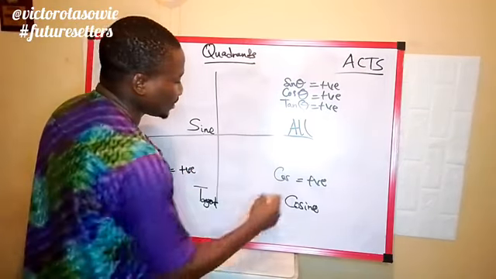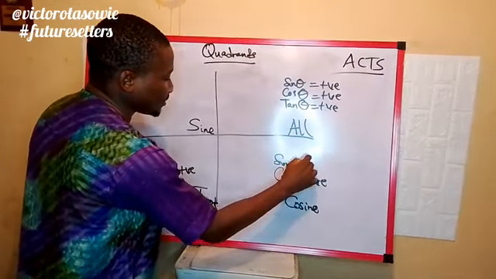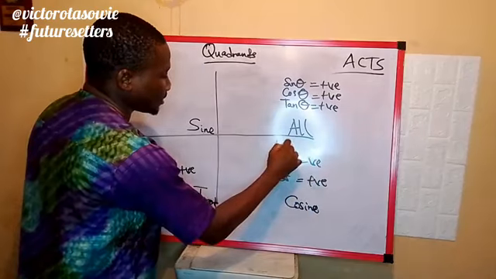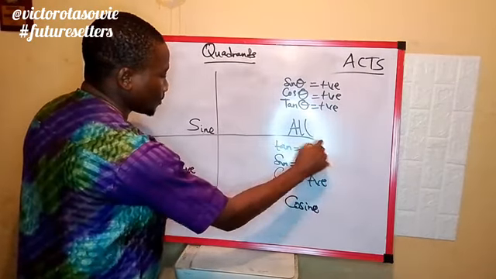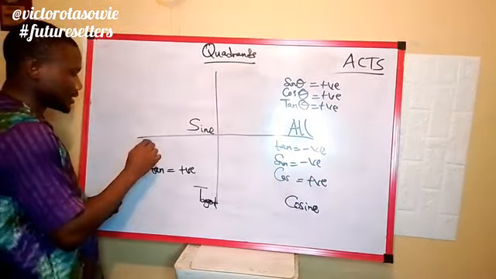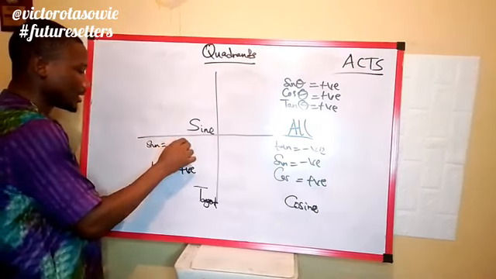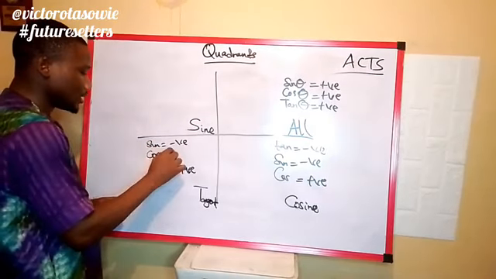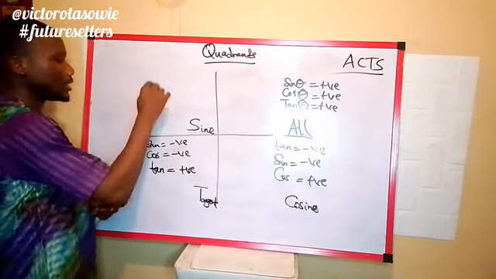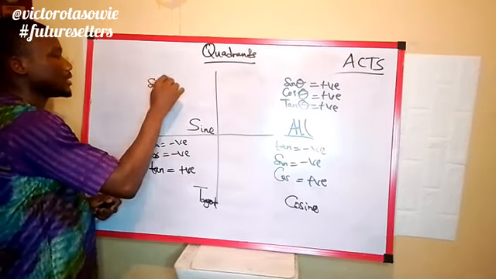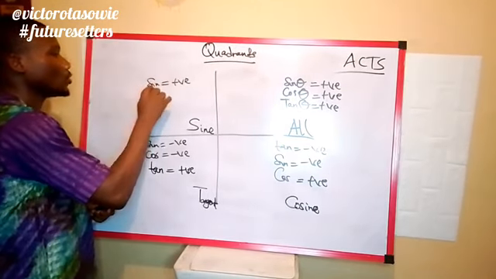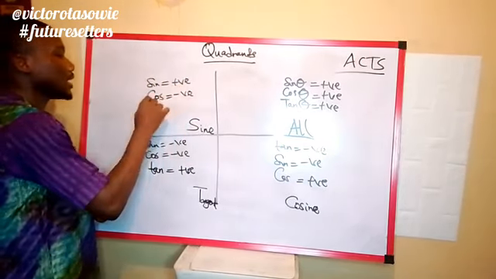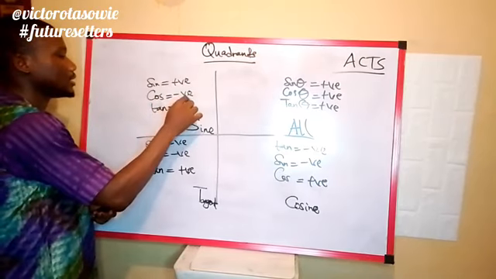That means if cos is positive, sine is negative and tan is negative here. If tan is positive here, sine is negative and cos is negative. In this case, sine is positive, cos is negative, and tan is negative.